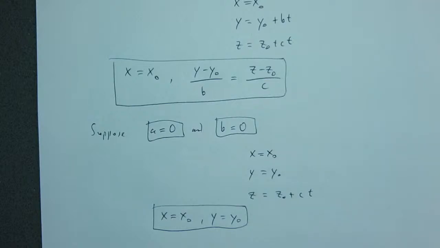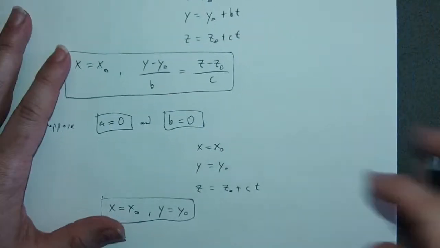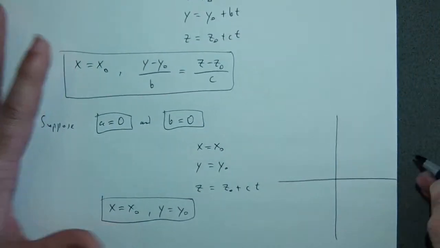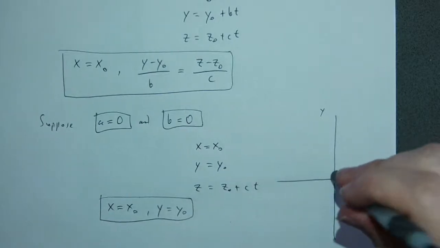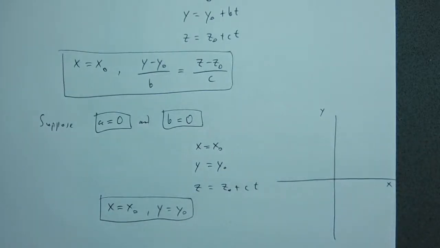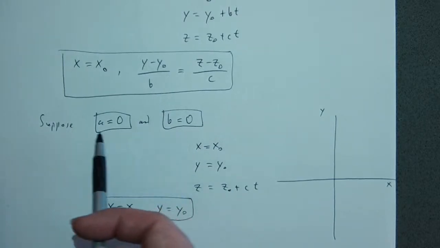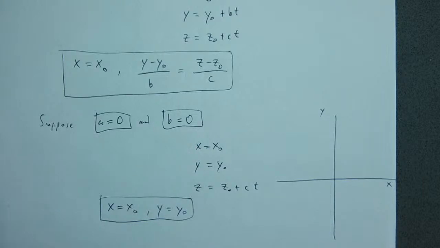In this particular example, what would a line like this look like? Well, if here's my xy plane, right, and in space, so my z-axis is coming straight up out of the paper, then what is the line that contains a point x naught, y naught, z naught, and is such that it's parallel to a vector whose first two components are 0?